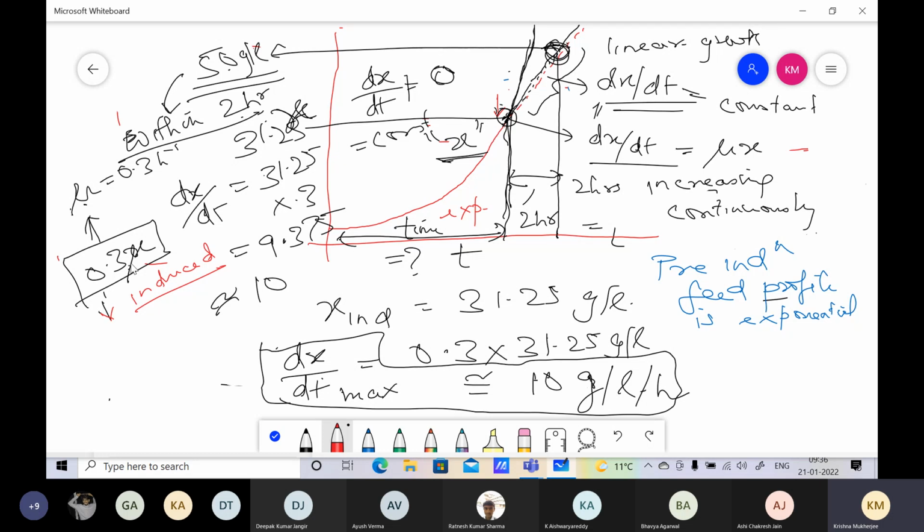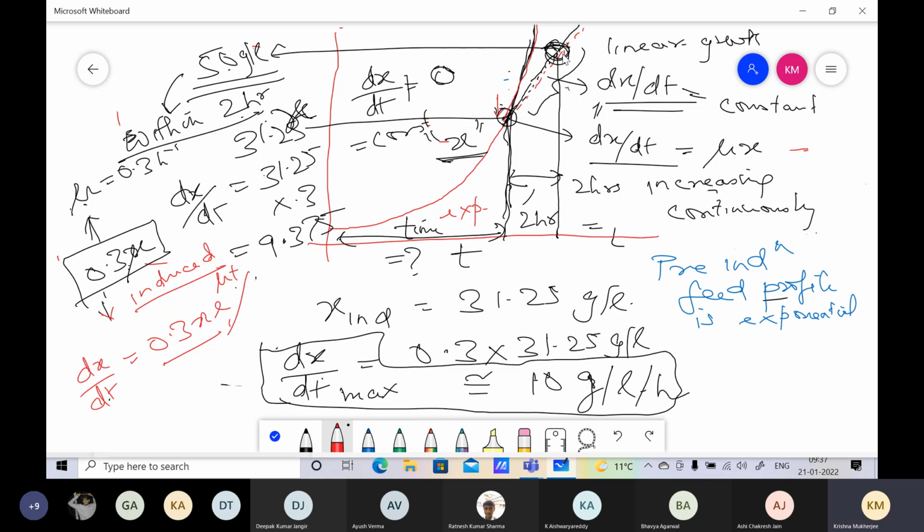So earlier my dx by dt was 0.3x, with x growing as e raised to the power of mu t, right? Space is very limited here, I need a big blackboard to teach this kind of stuff. Now it gets frozen at 0.3x. This increase no longer takes place. It becomes linear.